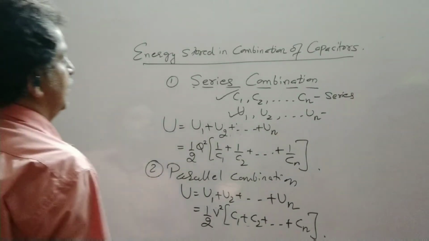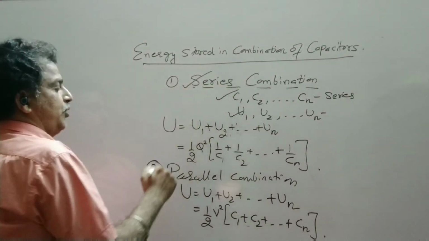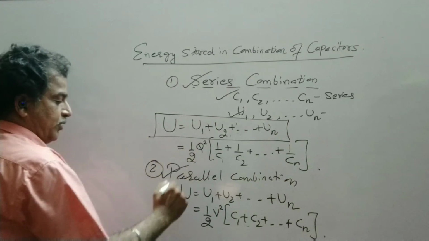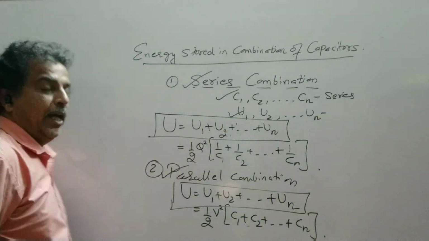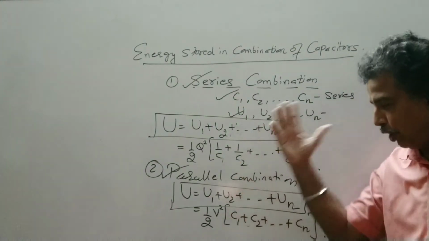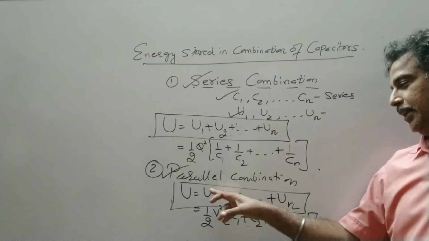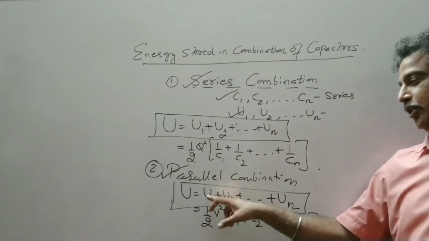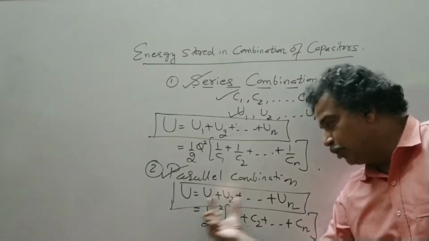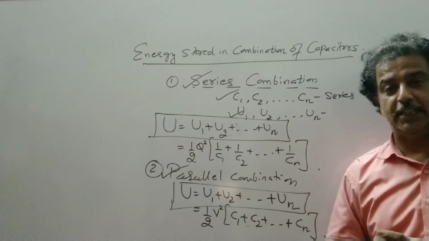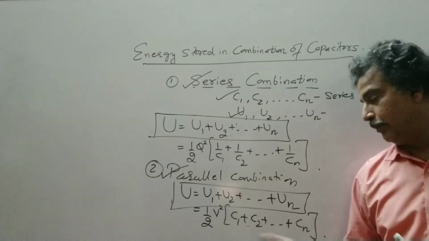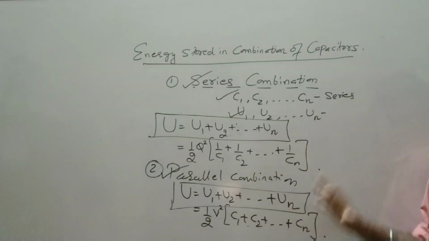It will be easier as we can take the common quantity out from all the terms. So you have to remember that whether it is a series combination or a parallel combination, the total energy is the sum of the individual energies. Now for individual energy, you can find out Q1, Q2, Q3 and use this formula, but then Q1, Q2, Q3 come into the picture, so each individual term has to be calculated. Instead, if there is a parallel combination and V is given, we can take V squared as common and it becomes C1 plus C2 plus Cn.